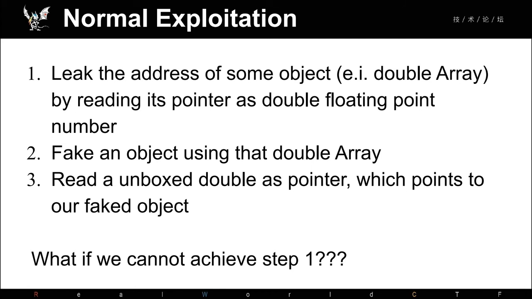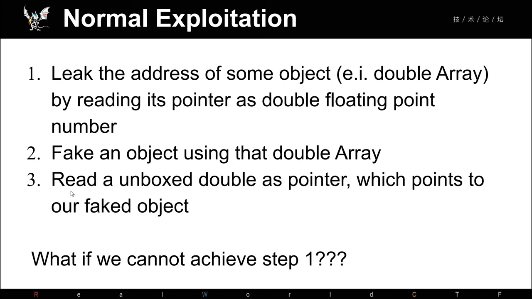First of all, let's review the normal exploitation that uses the address leak. Firstly, we leak the address of some object, for example a double array, by reading its pointer as a double floating point number, so that after decoding such double floating point number, we can have the address of this object. Then we fake an object using that double array.